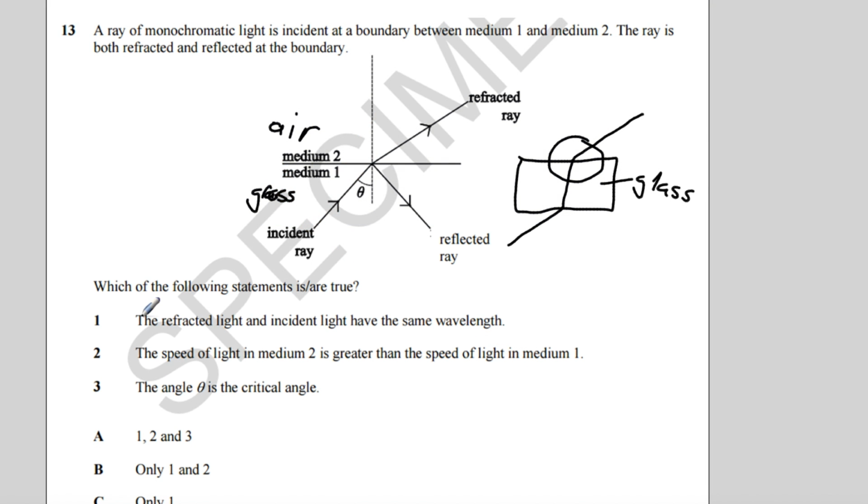So where it says the reflected light and the incident light have the same wavelength, we know that's false. The speed of the light in medium 2 is greater than that of the speed of the light in medium 1. Well, that one is true, because as the light travels from glass to air, it's traveling faster.